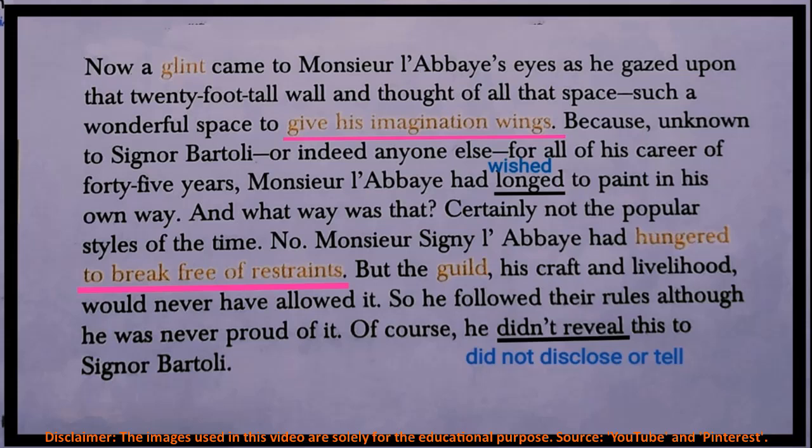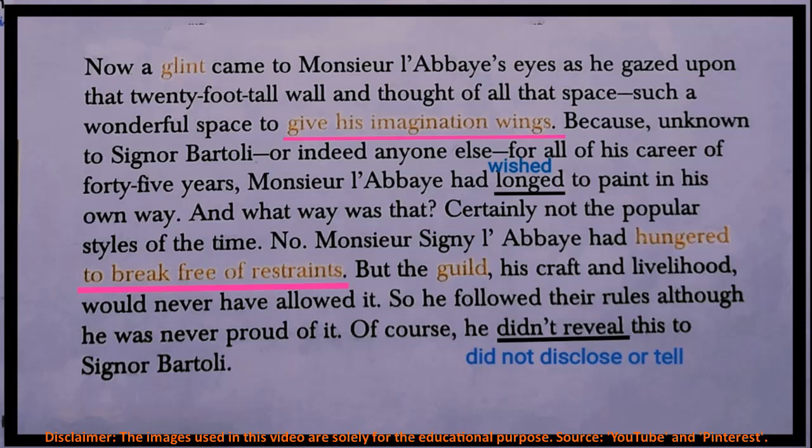Here you should know this because the artist wanted to give his imagination wings and had a hunger to break free from all restraints, from all kinds of traditional art forms. He did not want to follow the rules and regulations of the guild.